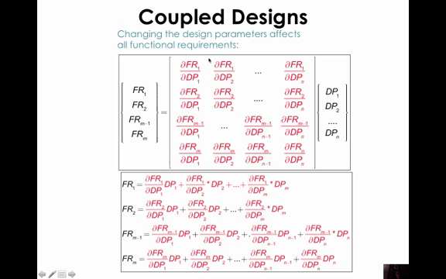Now, it's important to point out that you may not have numerical values in this matrix. You can, if you can cast your problem in terms of mathematical qualities or quantities that are going to impact your functional requirements, but it's not necessary to tell if you have a coupled, decoupled, or uncoupled design.